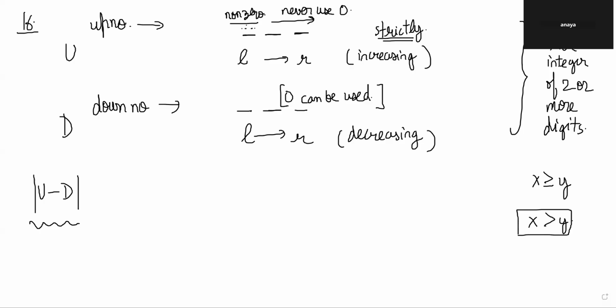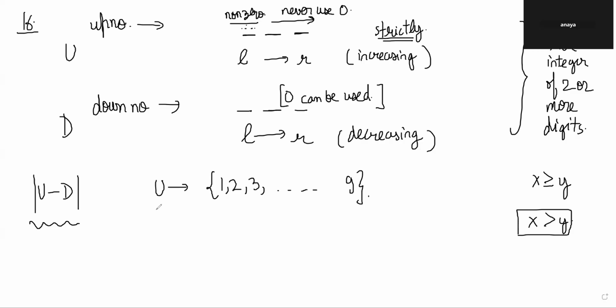It has to have two or more digits. Okay, so let's now try to count it. If you think of up numbers, we can only use 1, 2, 3 till 9.